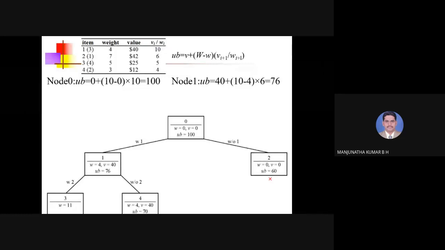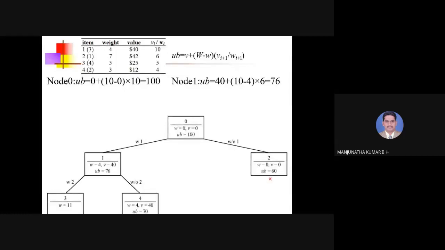So 10 minus 0, into V i plus 1 divided by W i plus 1, which means the profit weight ratio of the item. Which item are we going to consider now? Zeroth node means no items considered. Now from the zeroth node onwards, I am considering the item. So the first item to be considered is the item whose profit weight ratio is 10. Hence it is multiplied by 10. So what is the value of this equation? 100. Now 100 will be the upper bound value.